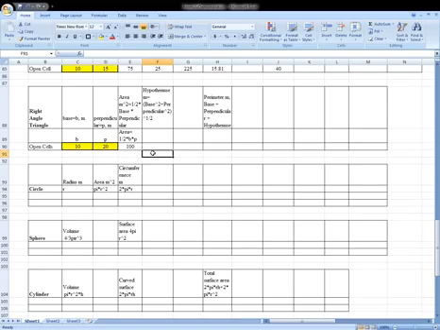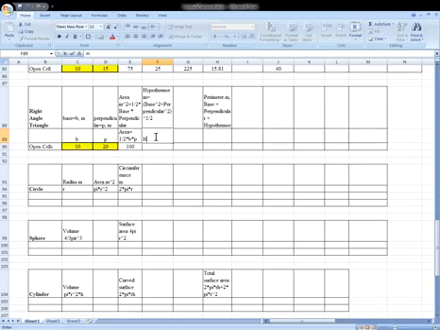Now the hypotenuse is the square root of base square plus perpendicular square. Let us say h is the hypotenuse, and the formula is there already.